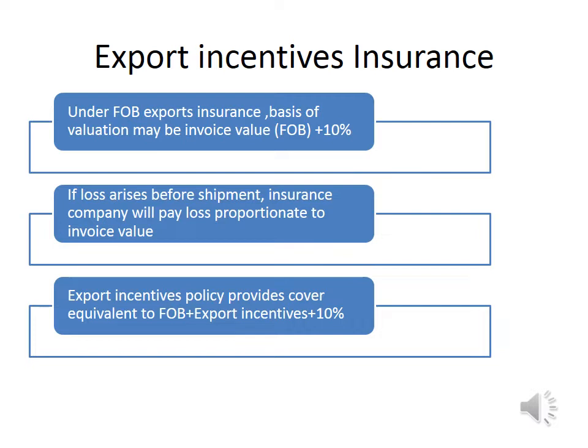So FOB risk is up to loading of a vessel. Considering all these aspects, FOB plus 10% is granted to take care of the loss of incentives to the insured because of an accident. Because the actual FOB value is supposed to be a conclusive value.